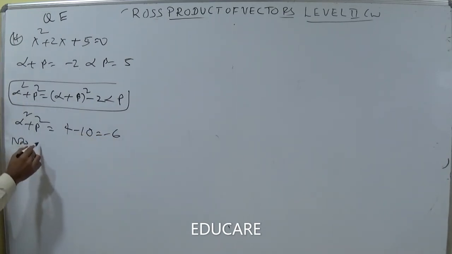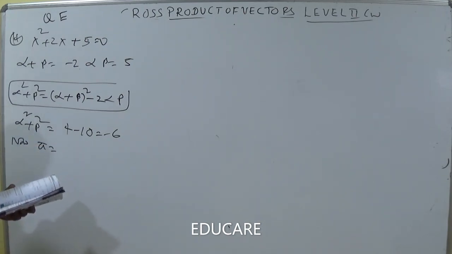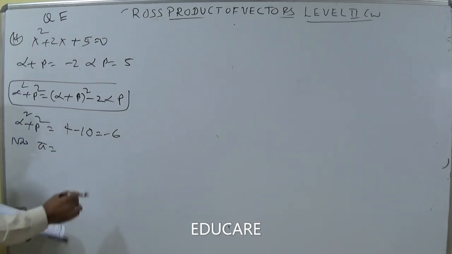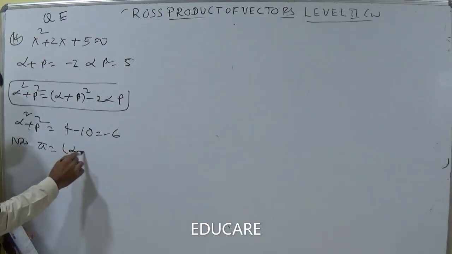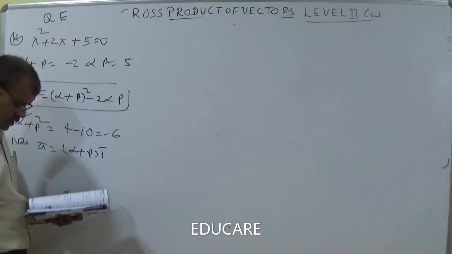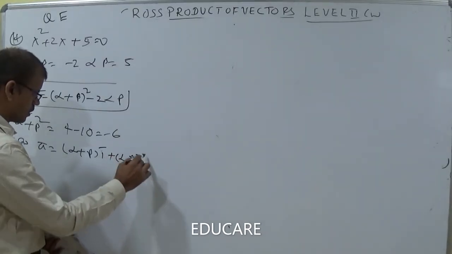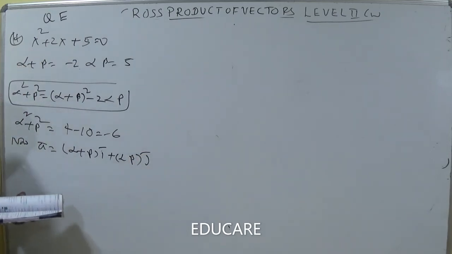Now write the data he has given. A bar is equal to alpha plus beta into i bar plus alpha beta into j bar. That is the a bar vector.